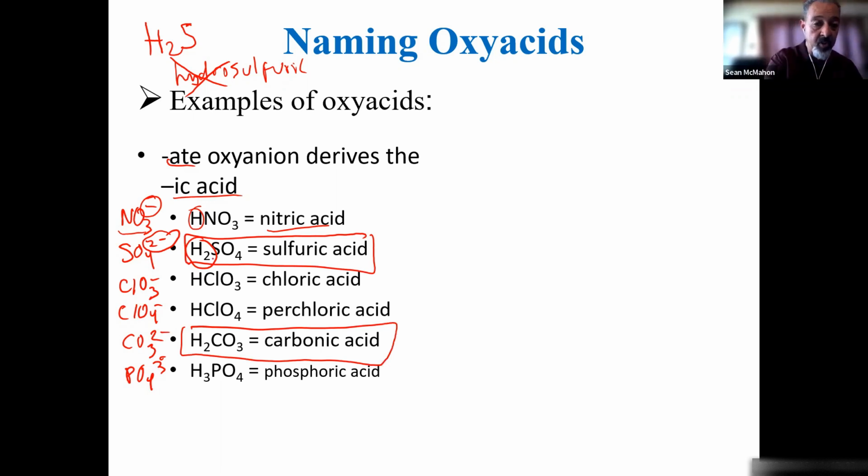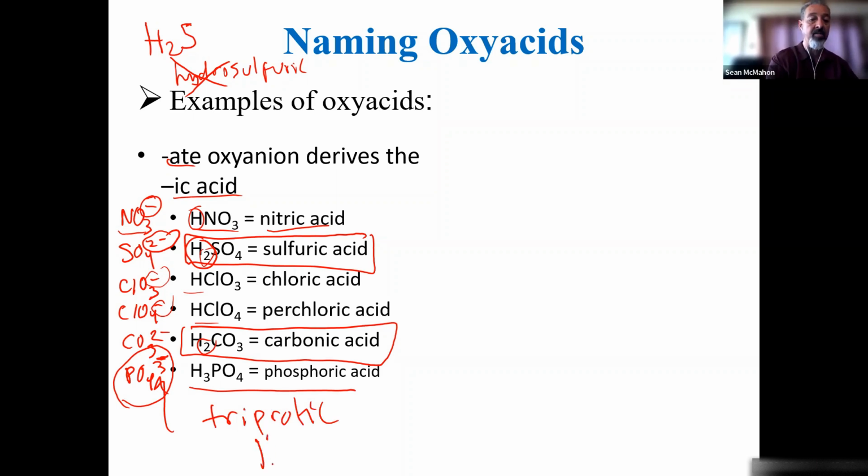They have 2 hydrogens that can be released as an acid. The nitric acid, the chloric and perchloric, because the oxyanions are -1, are monoprotic. But what do we notice about phosphate? Phosphate has a 3- charge, which results in phosphoric acid being triprotic, meaning I can give up to 3 hydrogen ions.